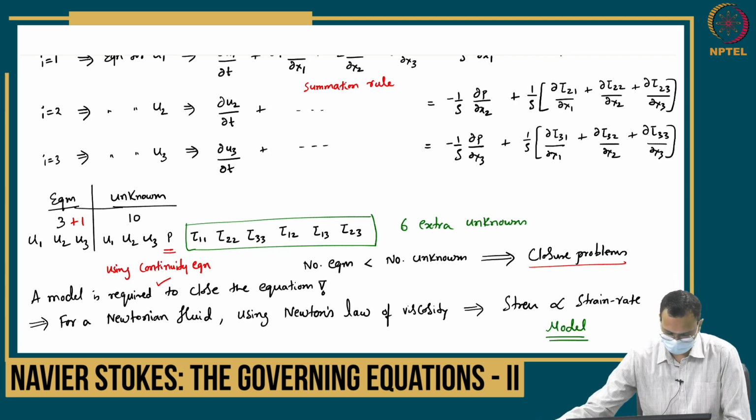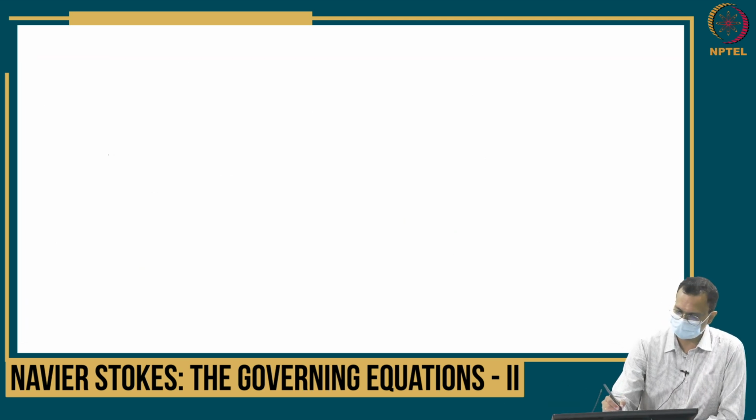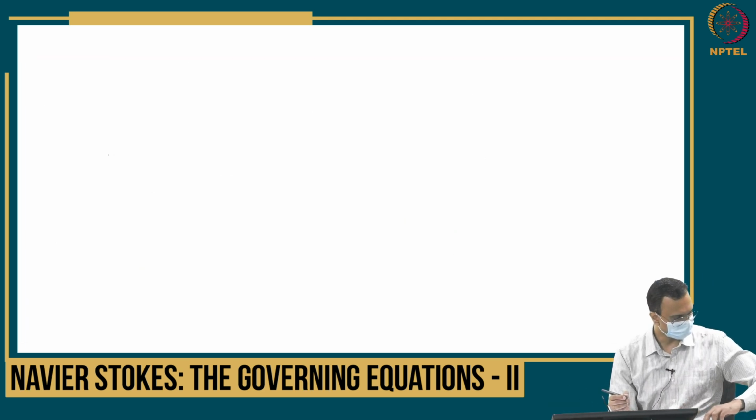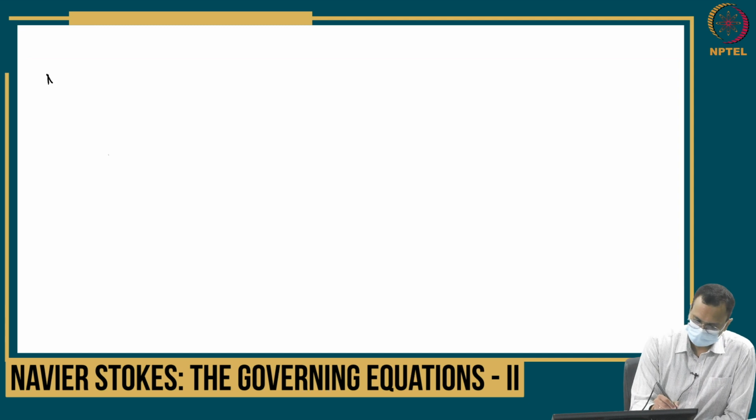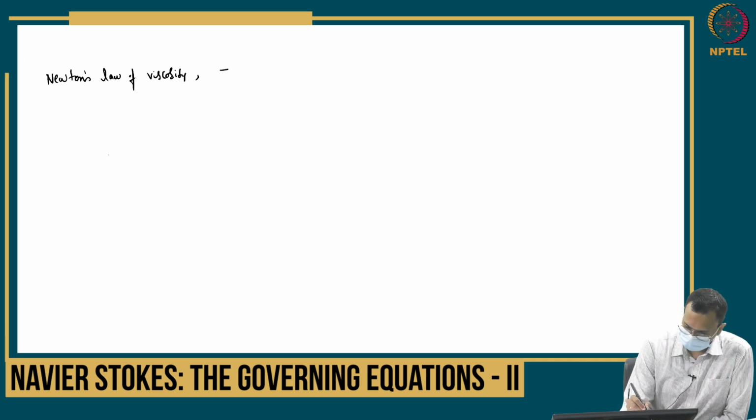So if I apply Newton's law of viscosity, I get tau ij is equal to 2 mu Sij minus 2/3 mu dou uk by dou xk delta ij, or I can simply say Skk.